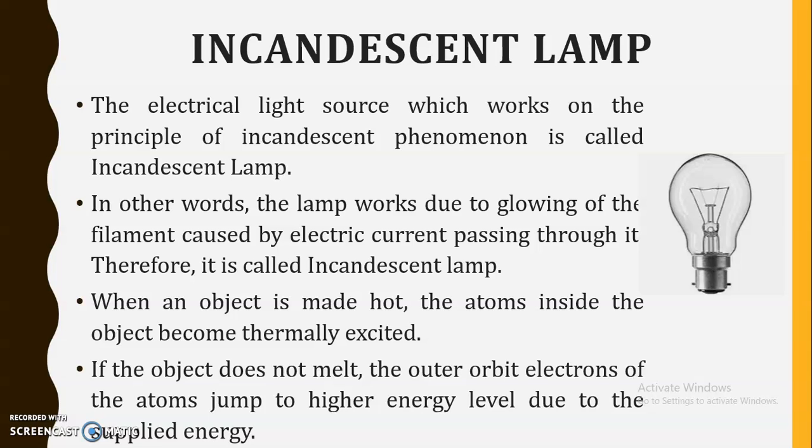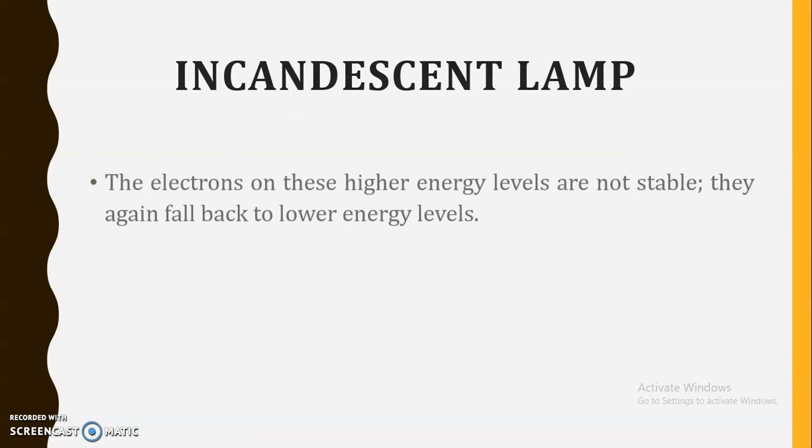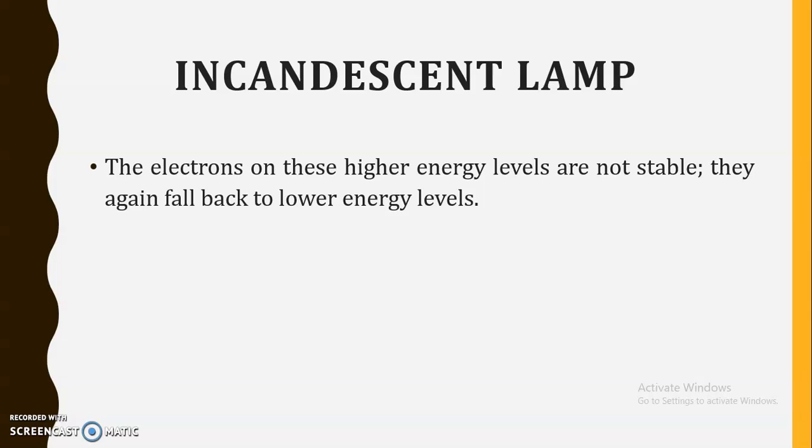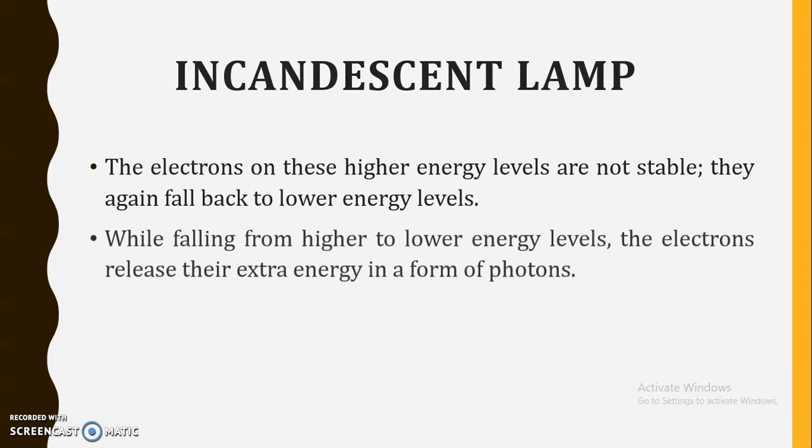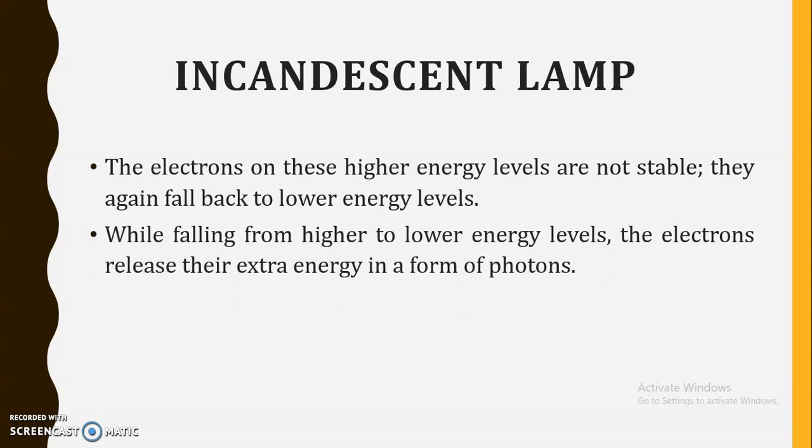If the object does not melt, the outer orbit electrons of atoms jump to a higher energy level due to the supplied energy. The electrons on these higher energy levels are not stable, and they fall back to the lower energy levels. While coming back, the electrons emit the extra energy in the form of photons. So this is the working of the incandescent lamp.